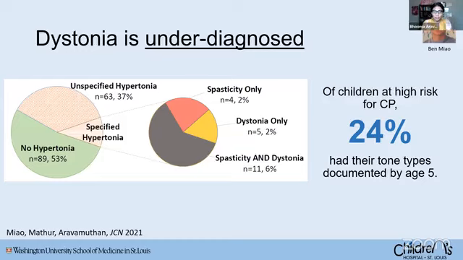And even in this closely followed population by a group of neonatal neurologists and other neurologists specializing in cerebral palsy, only 24% of this population had their tone types documented by the time they were 5.